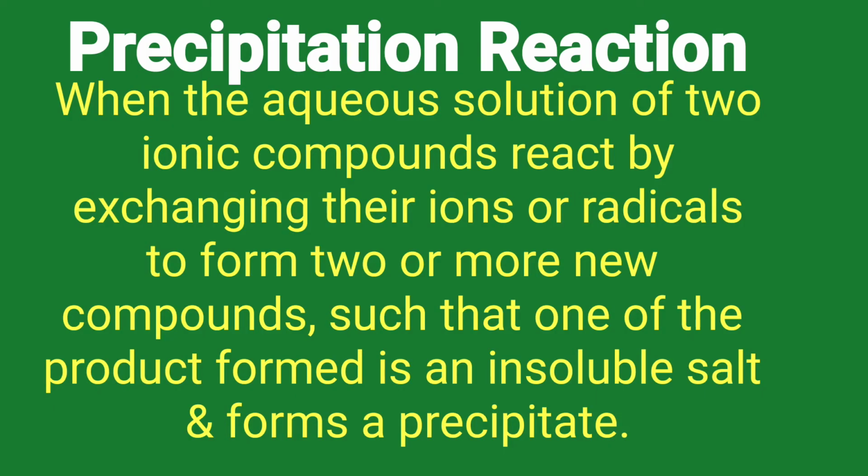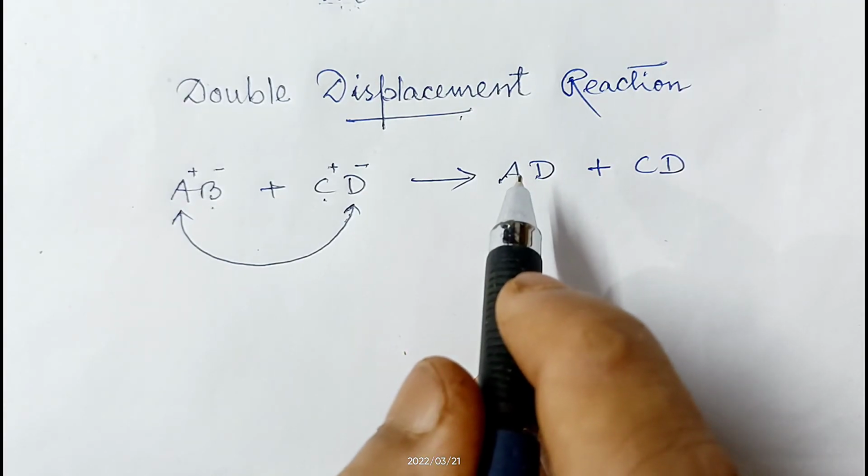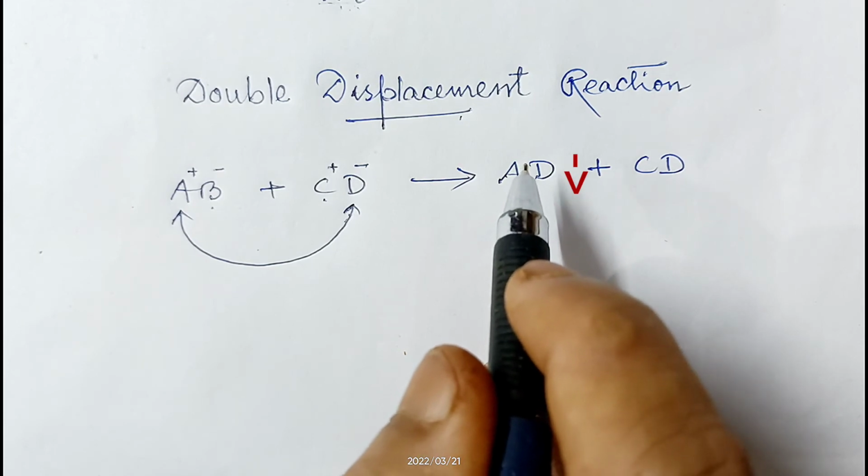Now in case of precipitation reaction, when the aqueous solution of two ionic compounds react by exchanging their ions or radicals to form two or more new compounds such that one of the products formed is an insoluble salt and hence forms a precipitate, the double displacement reaction is said to be a precipitation reaction. Clear? That means after the reaction, one of the products will be an insoluble salt and as a result it will form a precipitate, then only it is termed as precipitation reaction.